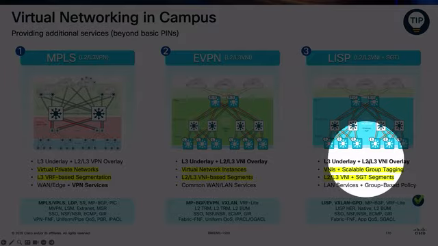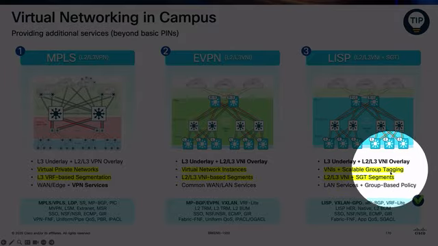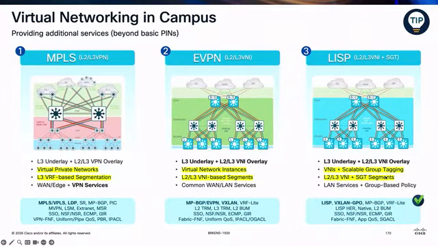That's why LISP was introduced, and it was widely used and is still widely used by the SD-Access solution because it was scaling very well. We've been leveraging VXLAN for the encapsulation and creating tunnels in the overlay network.